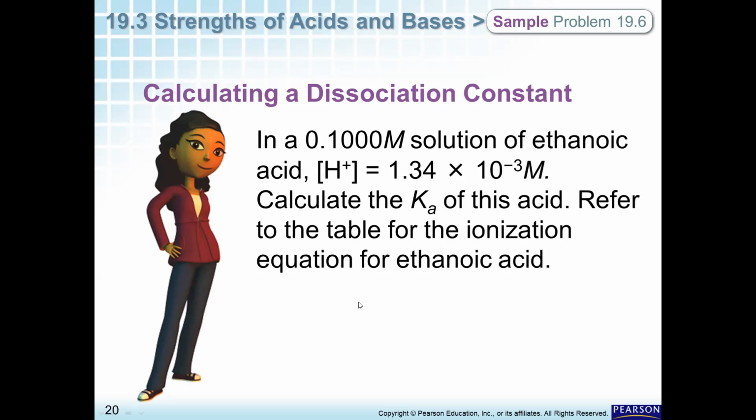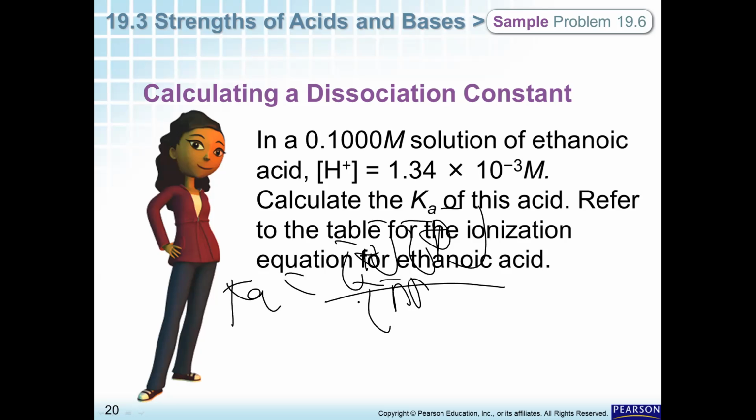Let's see what we do. Then what we're going to say is Ka is equal to the H plus again times A minus divided by the equilibrium concentration of HA. All right. So what is the H plus concentration here? It is provided, 1.34 times 10 to the minus 3. What about the A minus? No, it's the same. Come on.